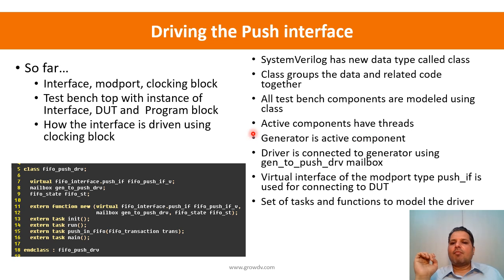Why I am talking about that point is that there is one statement: active components have threads. Some of the classes stay throughout the duration of the simulation, and some classes are created and destroyed as soon as the usage of that particular class is over.